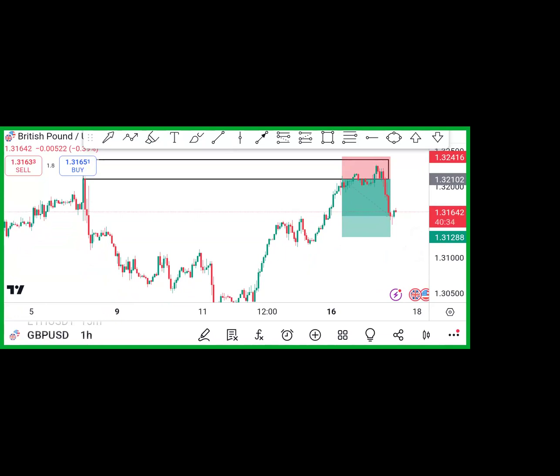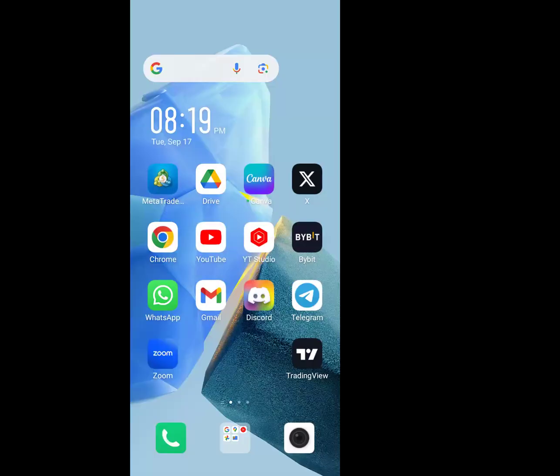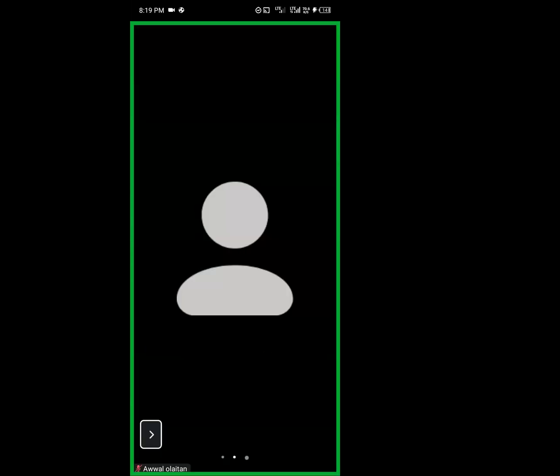Now, what are all the confirmations you are going to need to take a trade with supply and demand? My confirmation is simple. It's simply liquidity, or trendline liquidity confirmation.